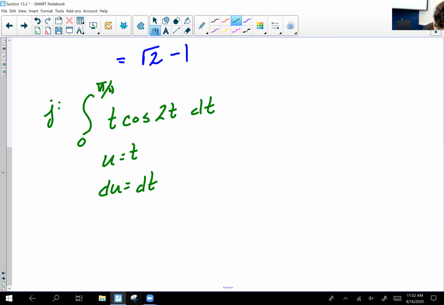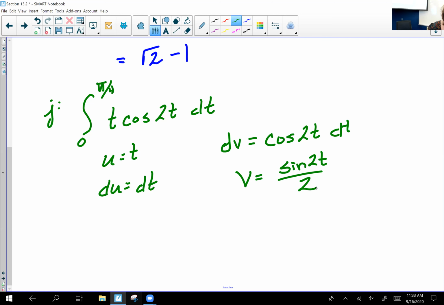Okay, it's set up as dV. Maybe I should go back and teach you Calc 2. All right, dV is then cosine of 2t dt, so that means that V is going to have to be sine of 2t divided by 2. Am I on the right track now? Okay, good.